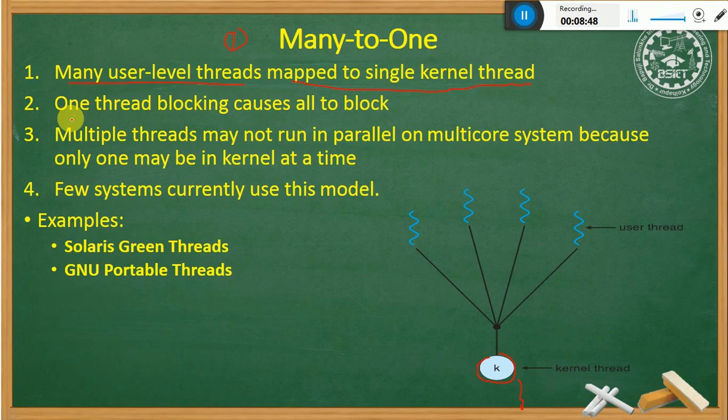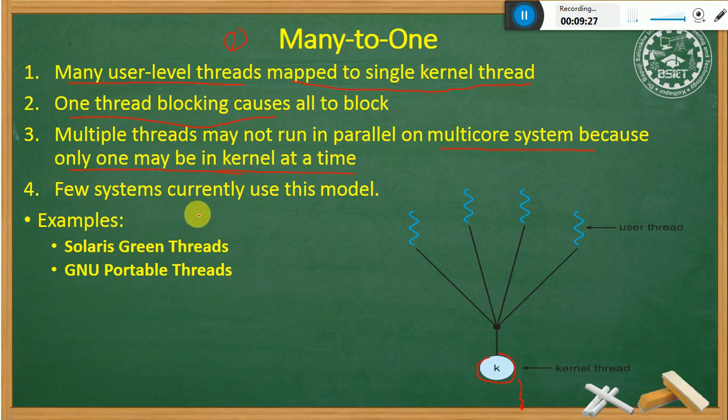If one thread is blocked, it causes all to block, because if the kernel thread is blocked, then all user threads are blocked in the many to one approach. Multiple threads may not run in parallel on a multi-core system, because only one kernel thread can execute one thread at a time.